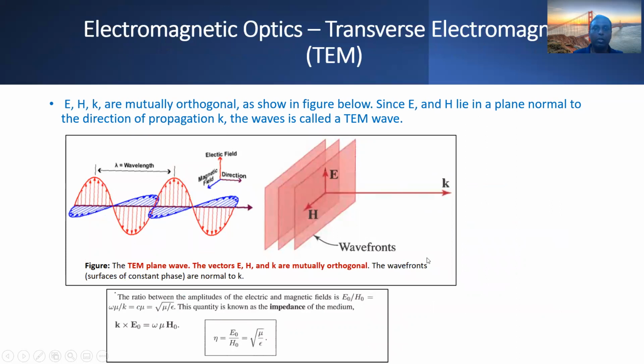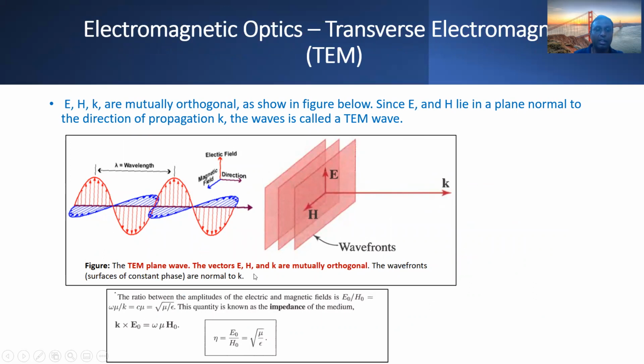Let's look into the transverse electromagnetic TEM wave. E, H, and k are mutually orthogonal, as shown in the figure here. Since E and H lie in the plane normal to the direction of propagation k, the wave is called a transverse electromagnetic wave.